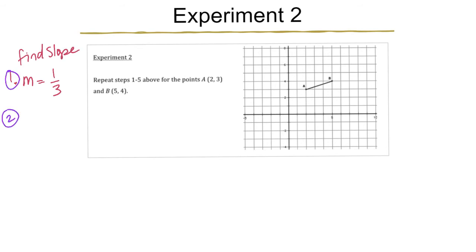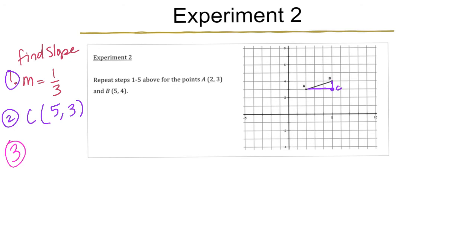Step 2 is to find a third point C that makes it a right triangle. So remember, we want to go directly down from B and directly across from A, and that's going to give us our point C. So C is going to be located at 5, 3. So that was step 2.